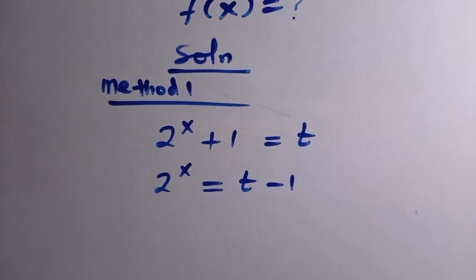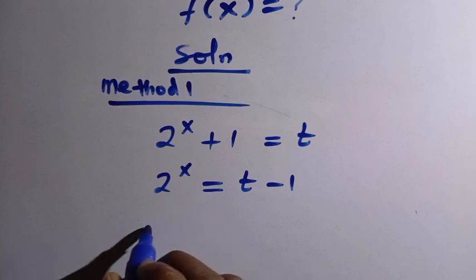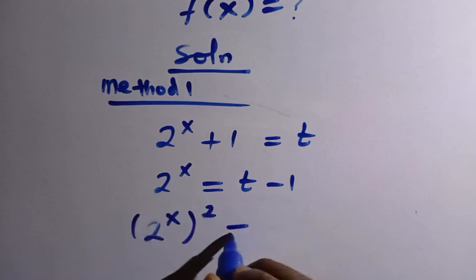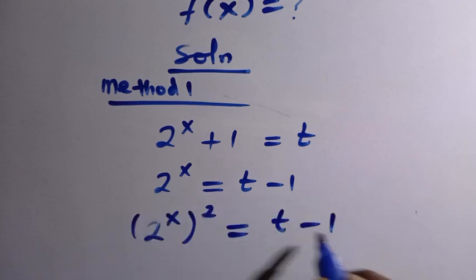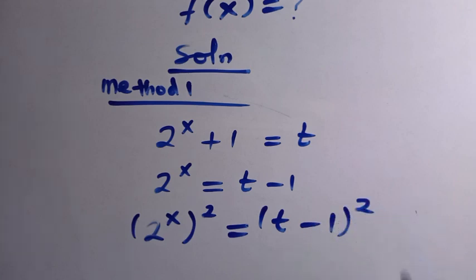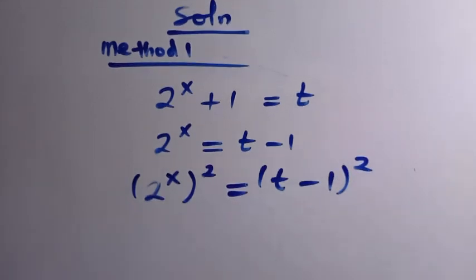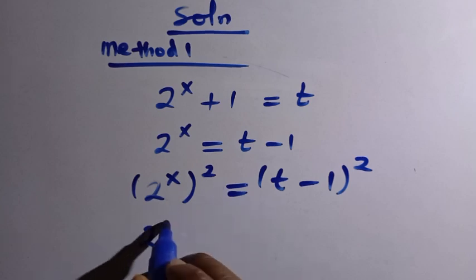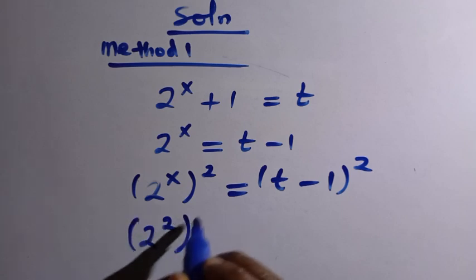Then from here, let's say I raise both sides to the power of 2. That is, 2 power x raised to power 2 equals t minus 1 raised to power of 2. And by the rule of indices, 2 power x raised to power 2, we consider this as 2 power 2 raised to power of x.